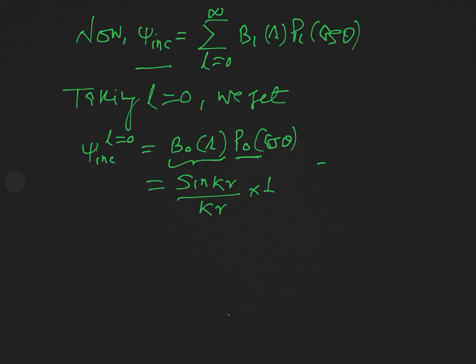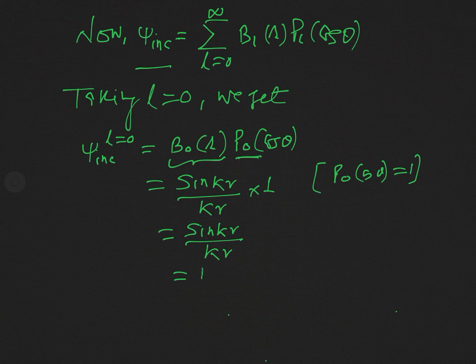Legendre polynomial of 0th order is actually equal to 1. You have learnt that this P naught cos theta is equal to 1. So this will be actually equal to sine kr divided by kr.